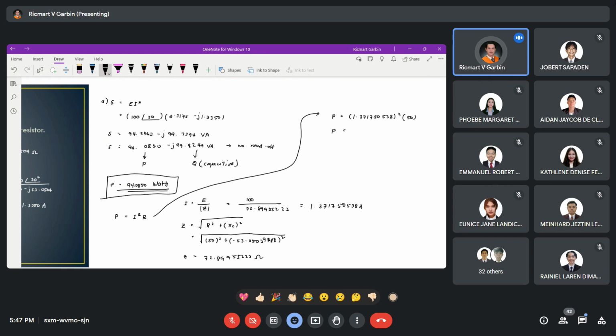So yung power natin is equivalent to 98.08497695 watts or 98.0850 watts, which is the same as ito. Yan.